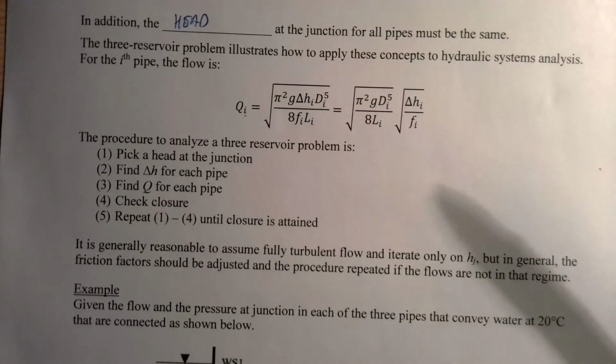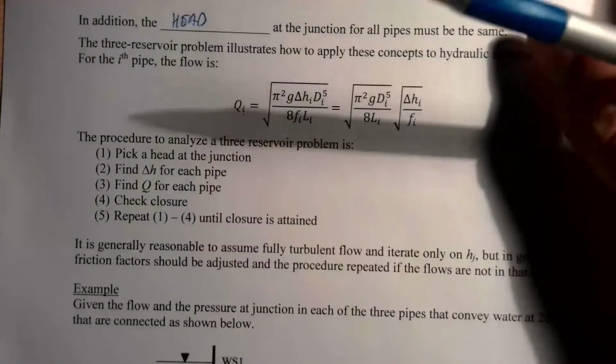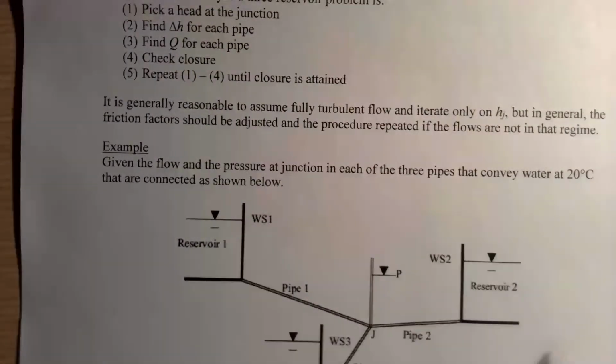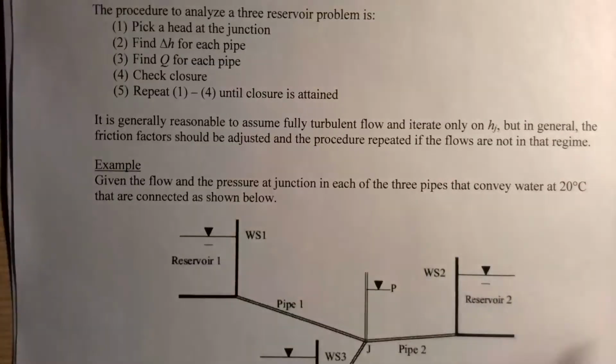So this problem is, again, very helpful to try to understand how to analyze junctions when you're looking at water distribution systems. So we're going to work through it, and that will hopefully help when we talk about an actual distribution system in the next video.